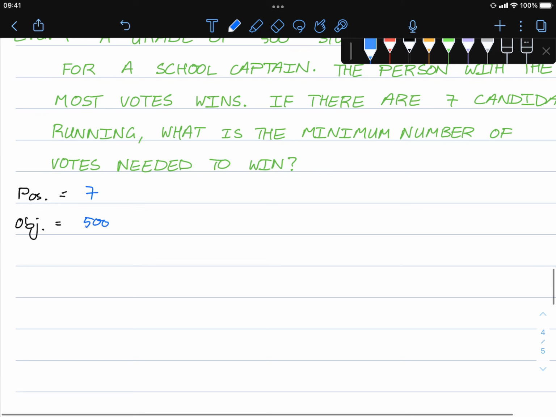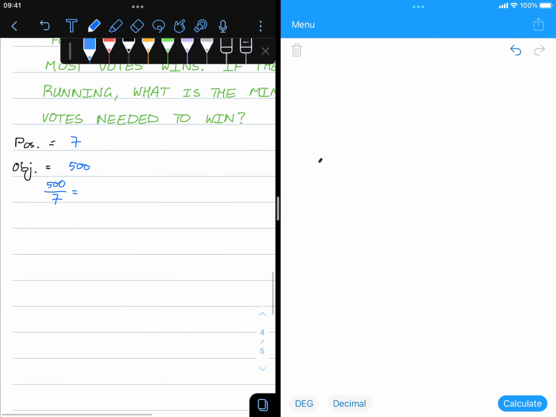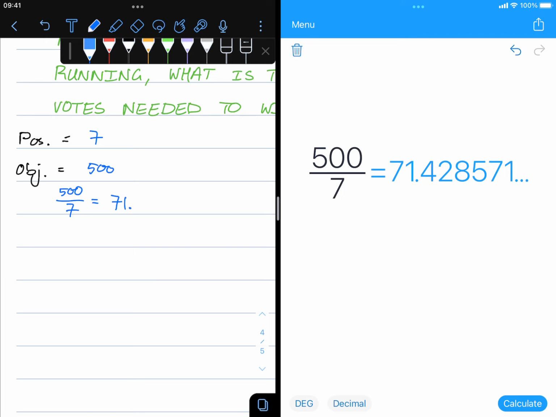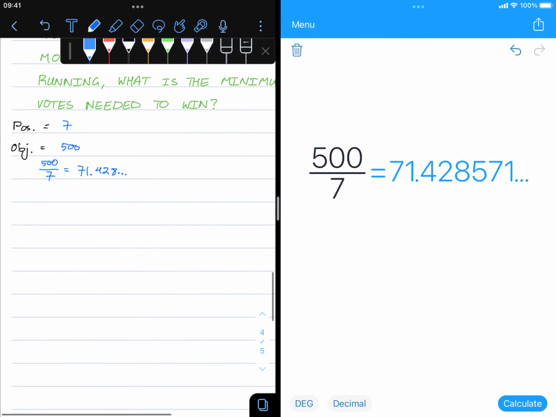If we were to divide this as equally as possible, 500 divided by 7, well, that's going to be 70 something, I believe. Yep, 71.428, etc.